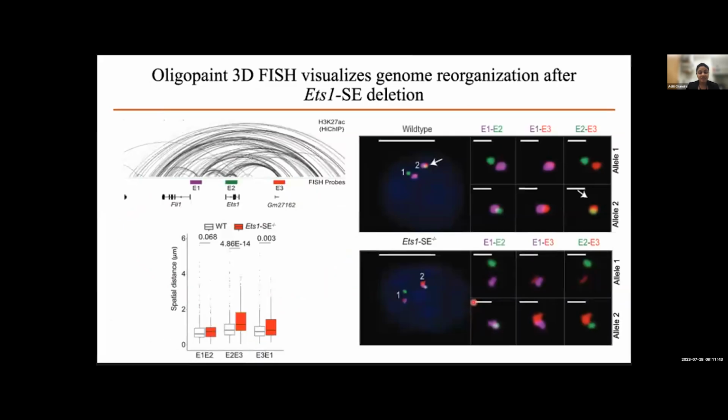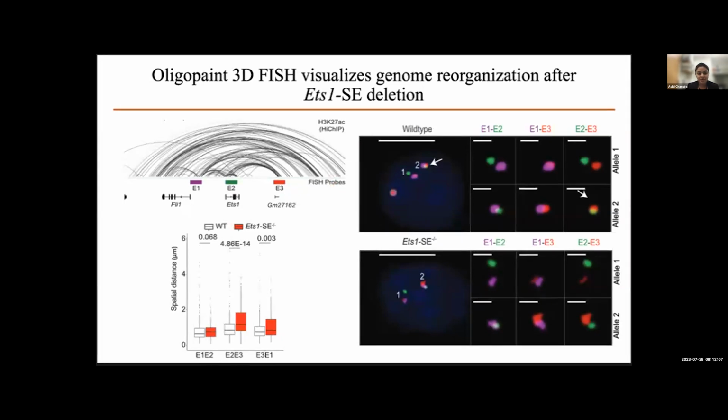To validate this observation using a parallel approach, we used an imaging technology called Oligopaint 3D FISH, where we used probes against these 3 regions, the FLI1 enhancer, the Ets1 gene body, and the super-enhancer region, and labeled them as E1, E2, and E3, and observed how these 3 probes behave in single cells.